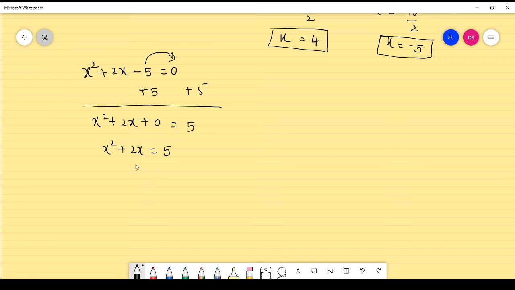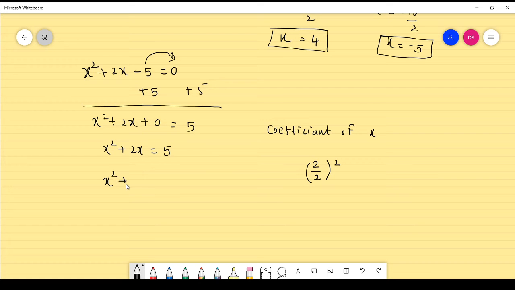Now what is the coefficient of x here? That is very important. The coefficient of x is equal to 2. Now divide it by 2, and then take the square of this particular term. What is our next step now?